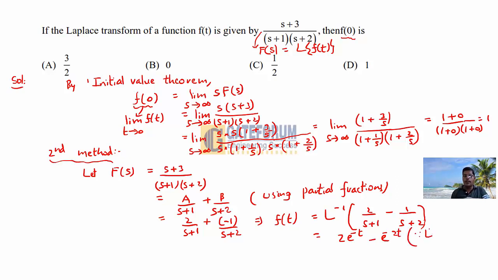So therefore f of 0, put t equal to 0, e power 0 value is 1, so 2 into 1 minus 1. So in both methods we got the same answer. One is the answer, accordingly option D. This is the end of the question.